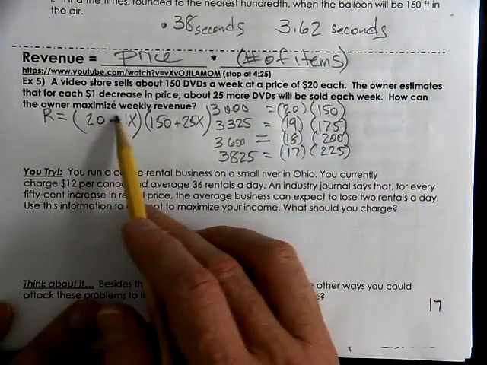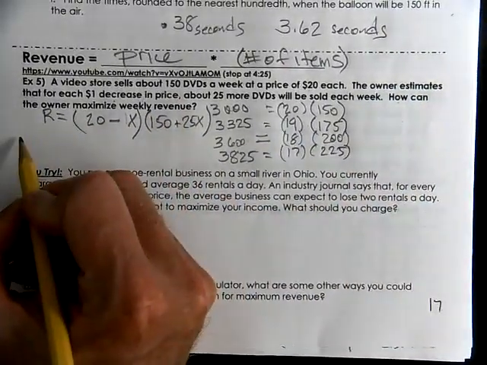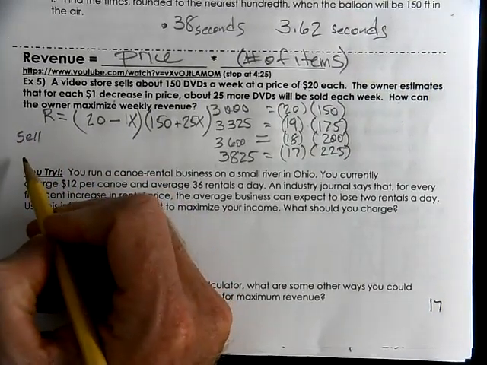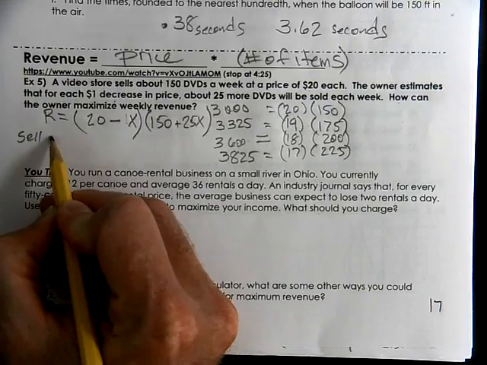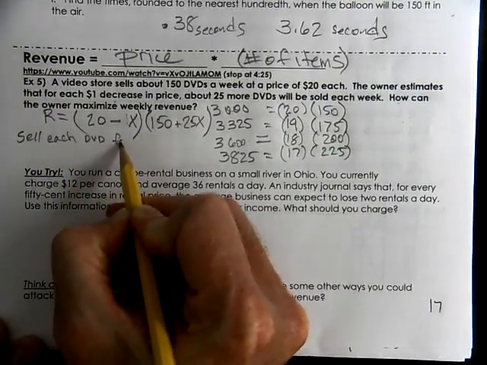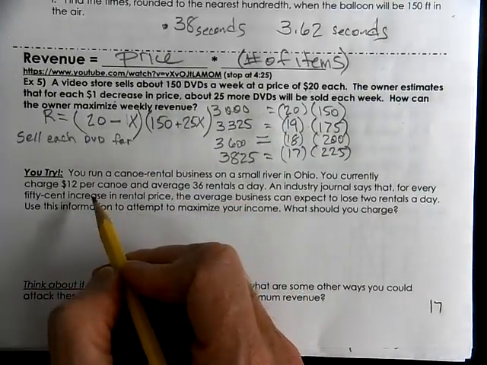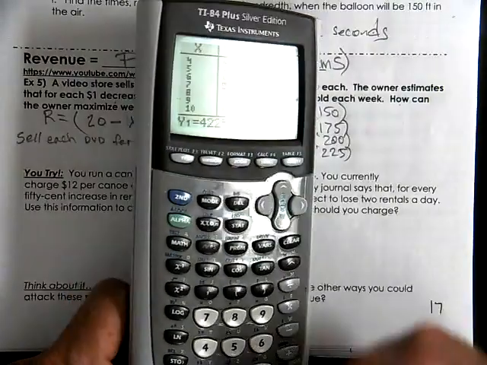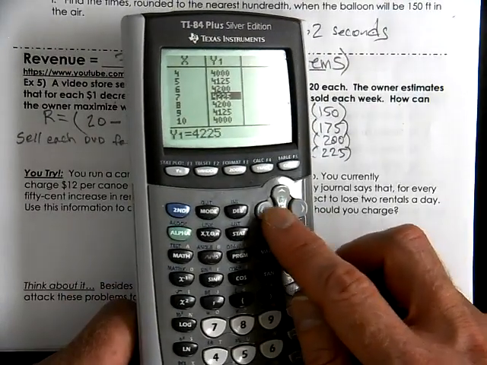How can the owner maximize profit? Sell each DVD for, okay, let's talk about it. For what price?